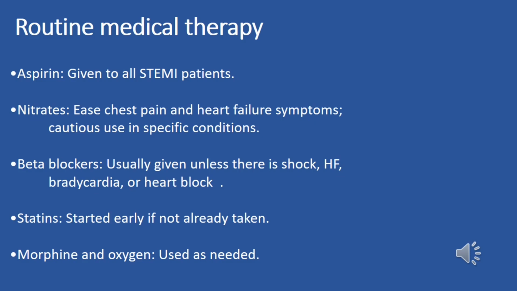Morphine and oxygen we use with indications. If there's severe pain, morphine is obvious, and oxygen should be guided with the pulse oximeter, because using oxygen in a liberal manner is controversial.